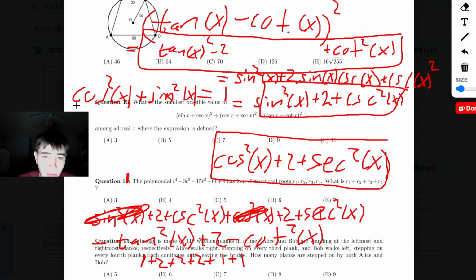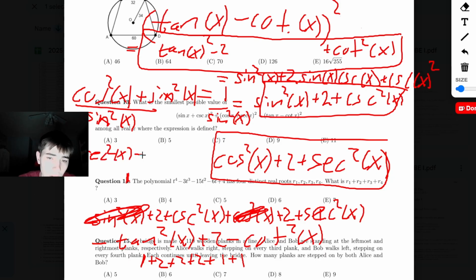So I'm going to have to divide everything by sine squared to get that cosecant squared term, which is going to be, so we're going to get cosecant squared of x minus 1.